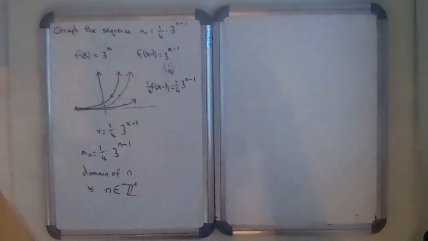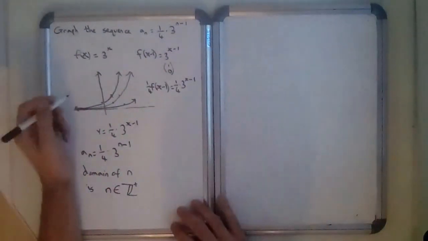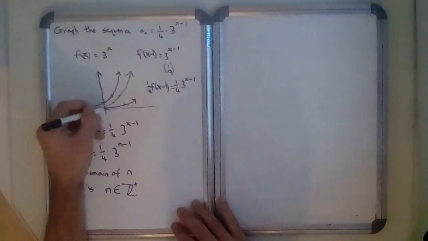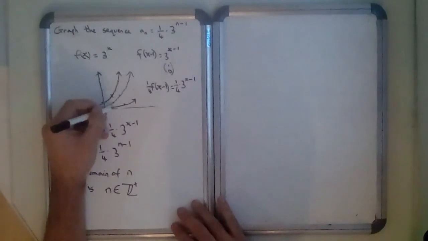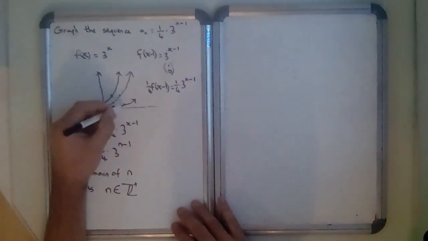So n can be 1, 2, 3, 4, 5. It goes up in intervals of 1, and you don't have a 0 term, and you certainly don't have negatives. So as far as graphing the sequence, it's going to follow this line, but it's only going to have certain values.